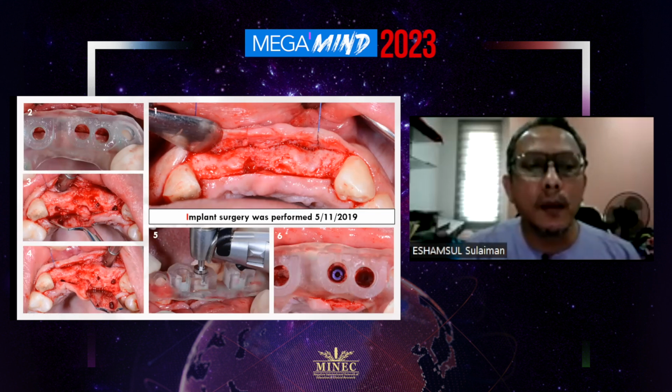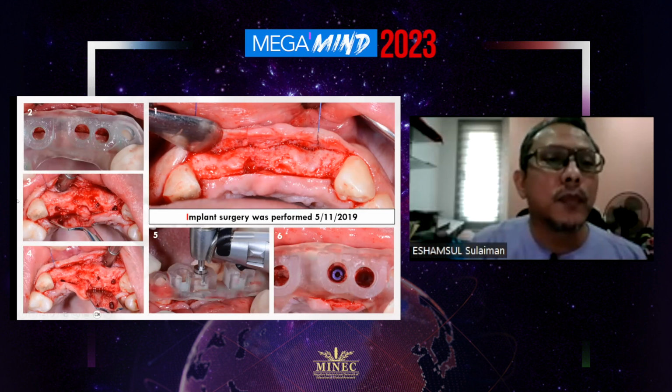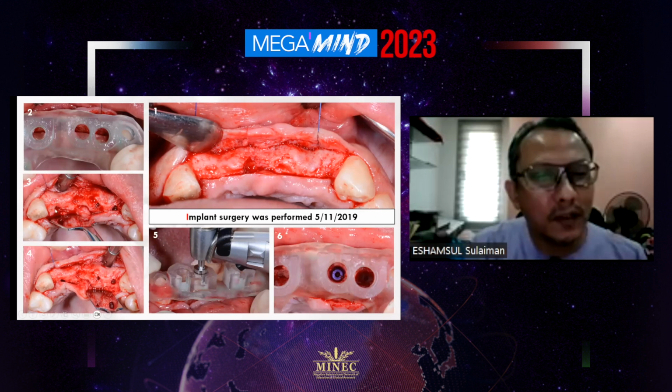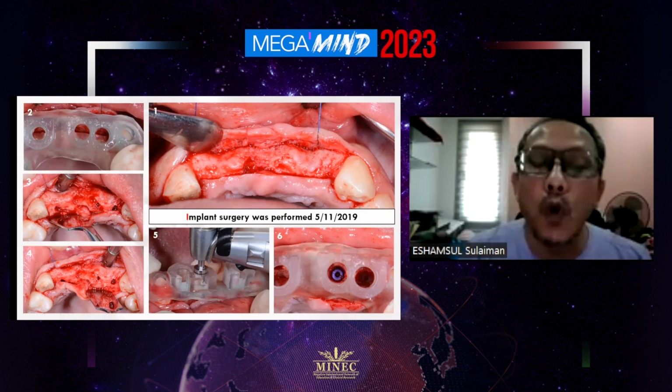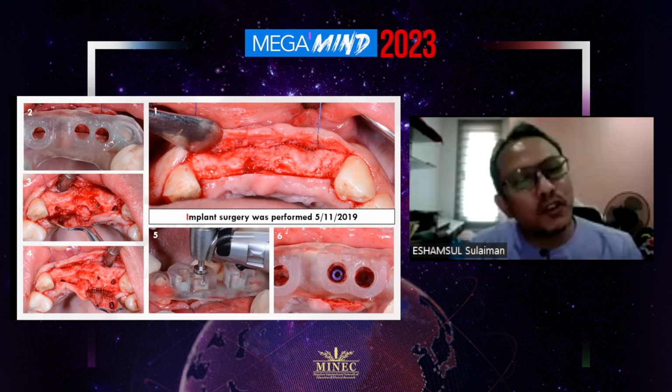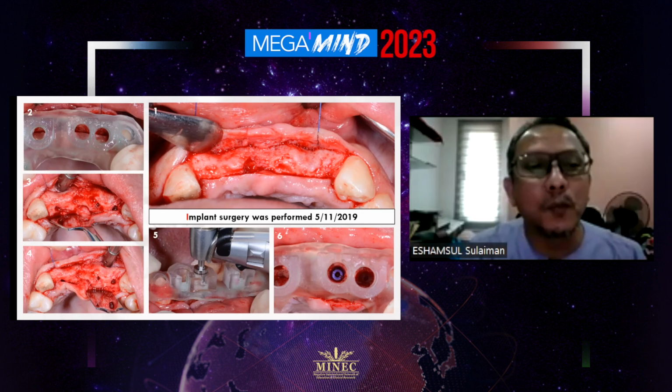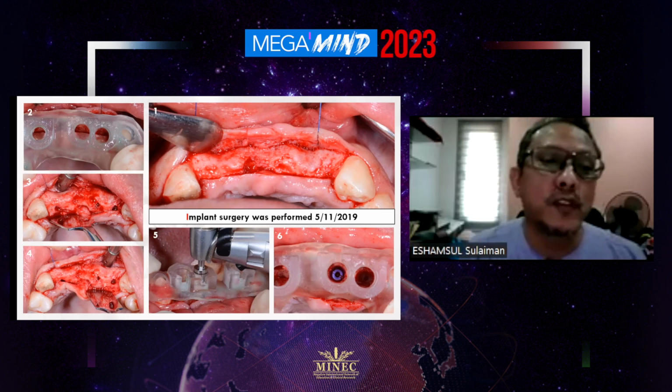You can see here in the third picture that the position of the implant at 1-3 is relatively quite close to the palatal wall. But this is the position that is prosthetic driven for the screw-retained implant-supported prosthesis.